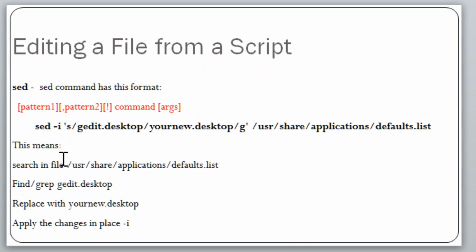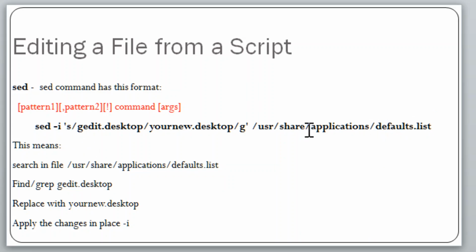It's saying search in the file user share applications defaults.list, and find gedit.desktop. Find this in this file and replace it with this, your new desktop, and apply the changes in place, which is -i.